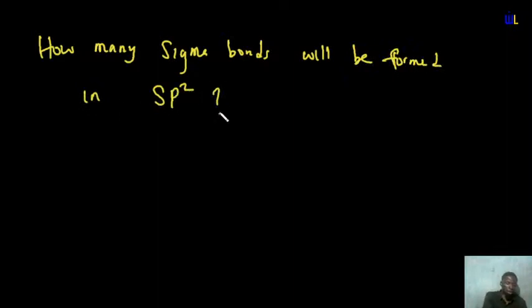How many sigma bonds will be formed in sp2? Remember, the number of sigma bonds is actually determined by the number of hybridized orbitals, and it's literally given there. So what do we think? Put your answers out.